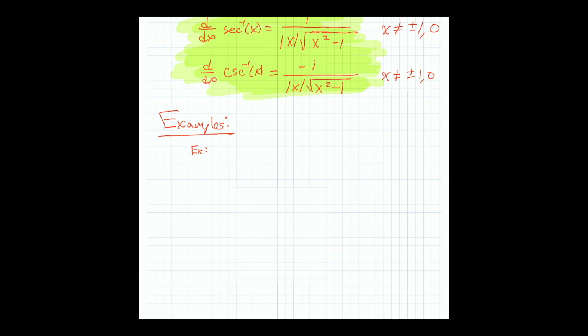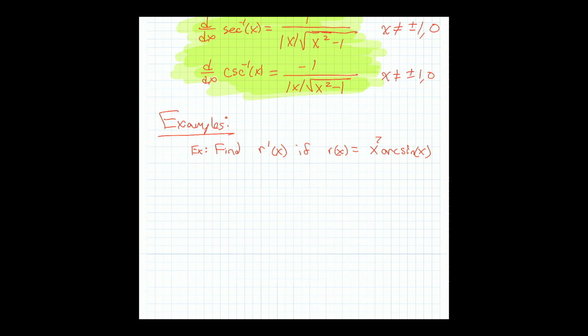Example 1: find r prime of x if r is x to the 7th times arc sine x. Notice that they're already using arc sine, so you just have to remember the alternate notation.